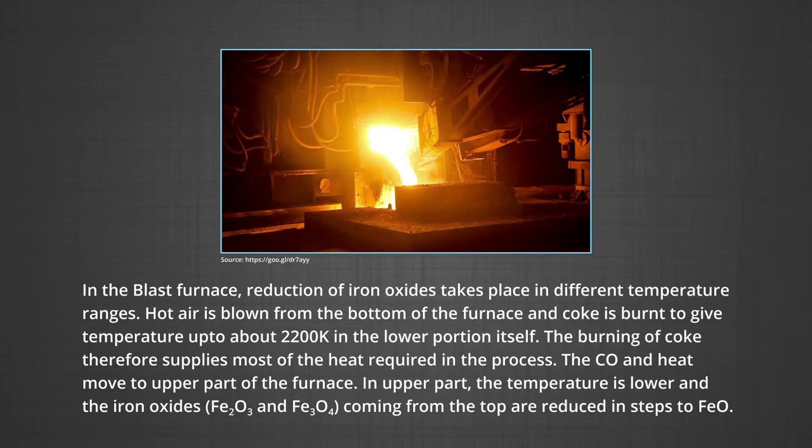In the upper part, the temperature is lower and the iron oxides Fe2O3 and Fe3O4 coming from the top are reduced in steps to iron oxide FeO. Thus, the reduction reactions taking place in the lower temperature range and in the higher temperature range depend on the point of corresponding intersections in the delta G naught versus temperature plots.